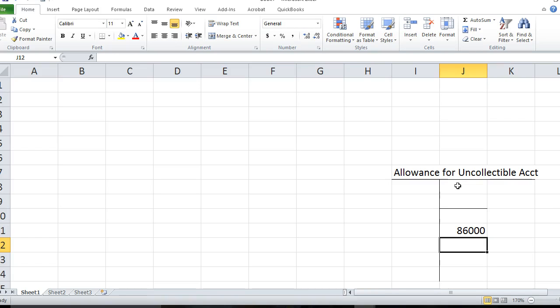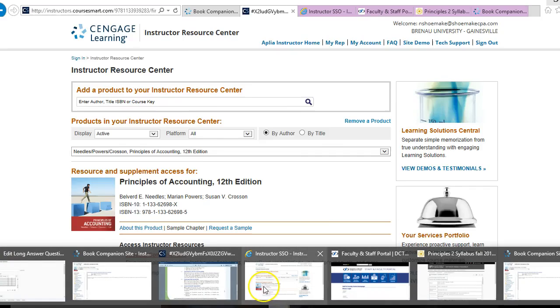That's what we want it to be. But prior to this, what did it tell us it was at?